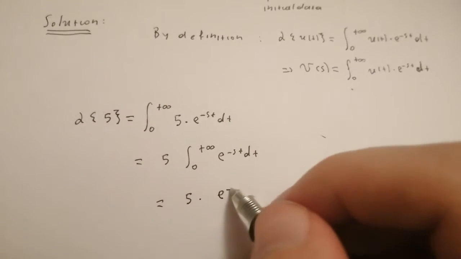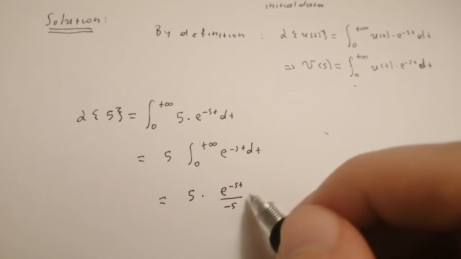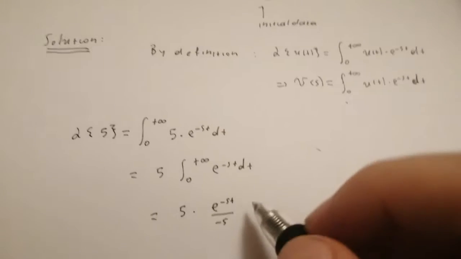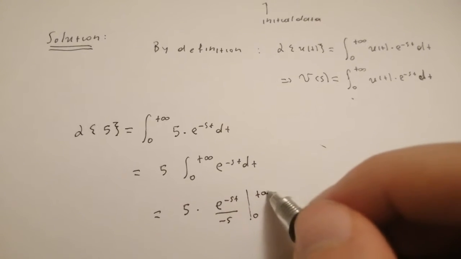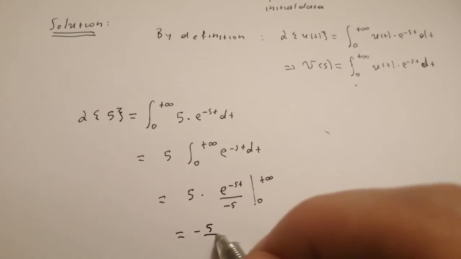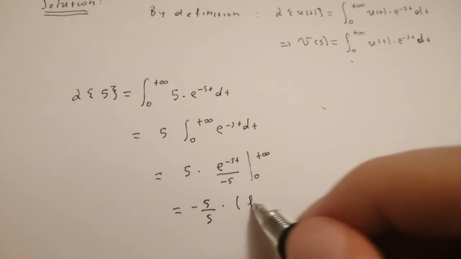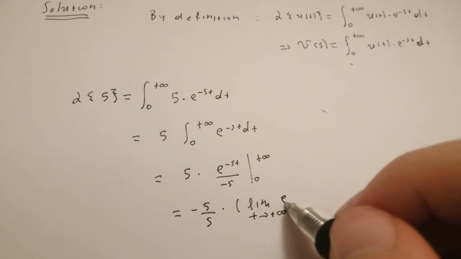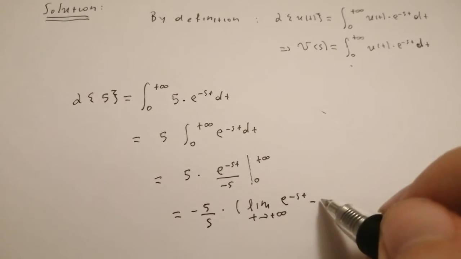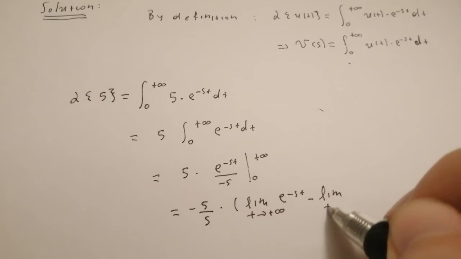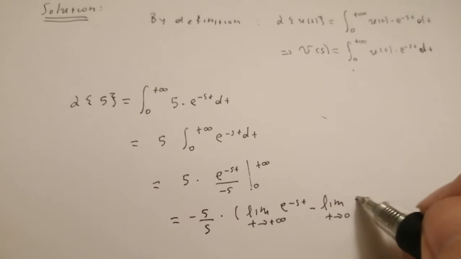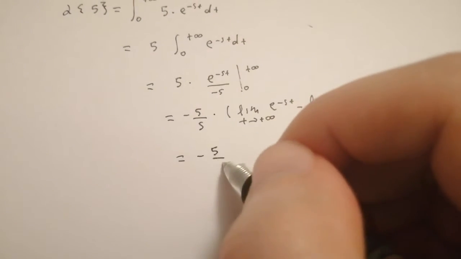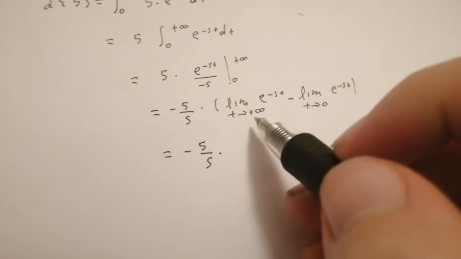So it's 5 times e to the minus s t over minus s. If I take this derivative, I get this function, from 0 to infinity. So it's minus 5 over s times the limit of t going to infinity of e to the minus s t, minus the limit of t going to 0 of e to the minus s t.